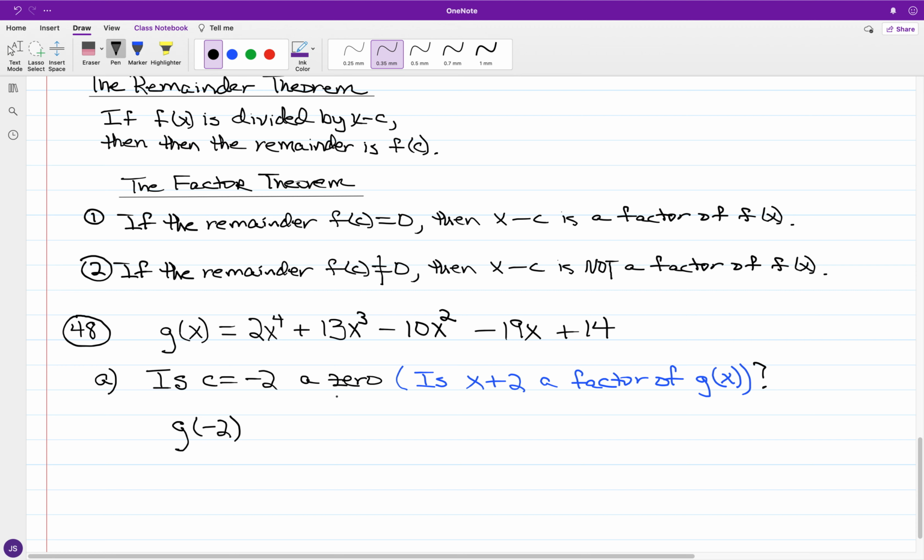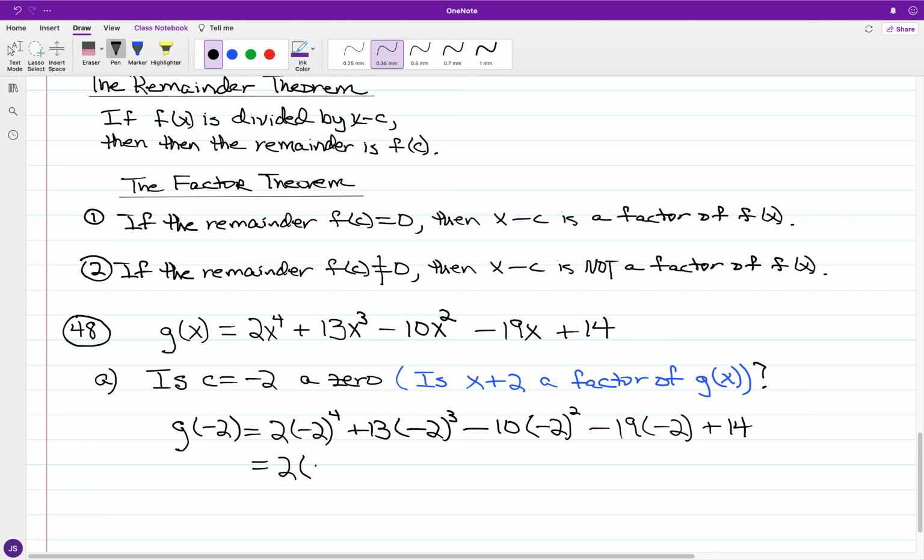So g of -2 is equal to 2 times -2 to the fourth, plus 13 times -2 raised to the third, minus 10 times the square of -2, minus 19 times -2, plus 14.